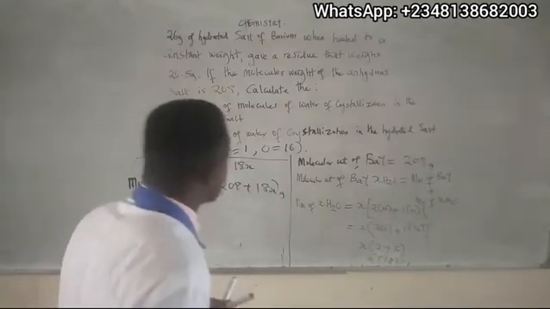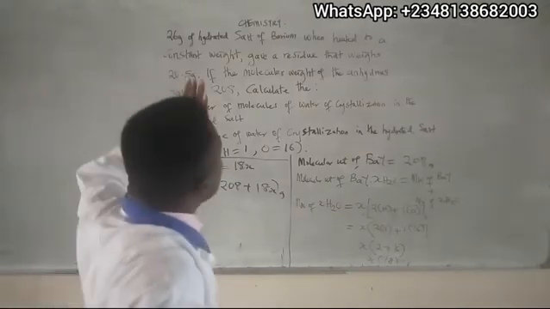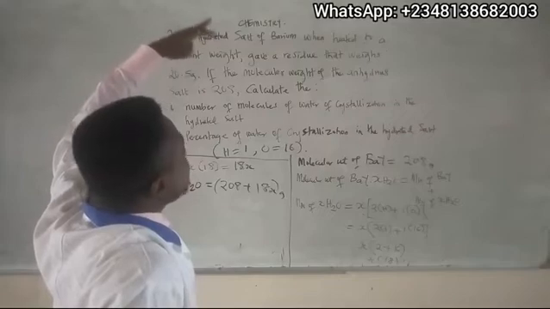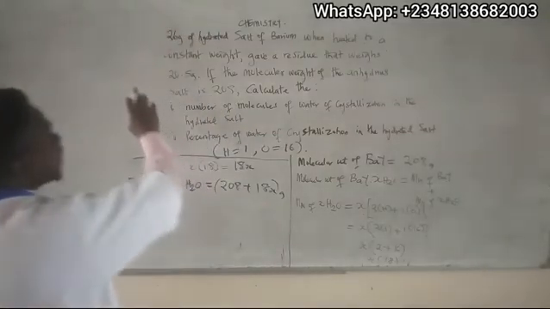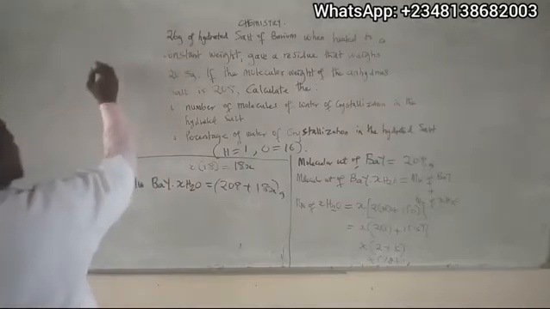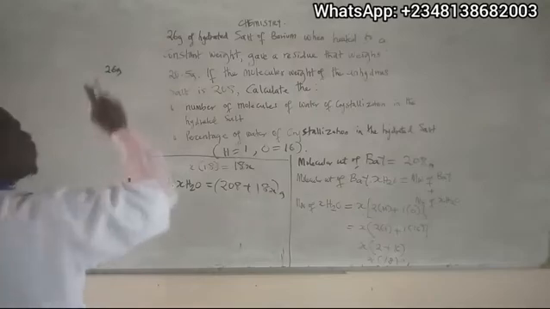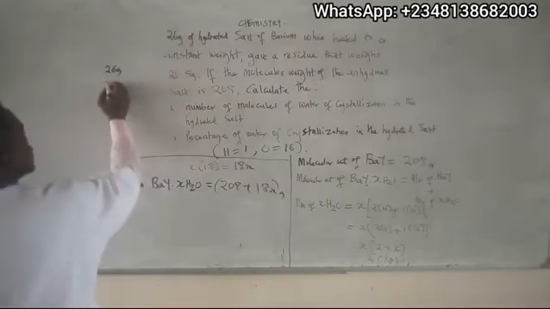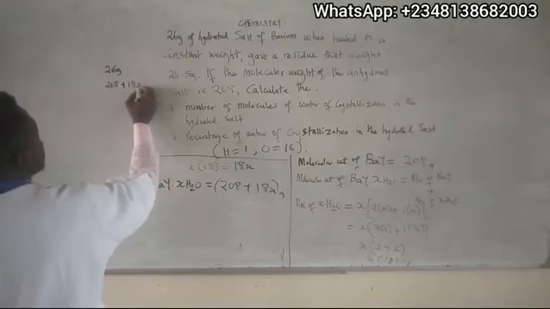Now with this, let's go. We have established four things. We have established the weight of the hydrated salt to be 26 grams. The molecular weight of the hydrated salt is 208 plus 18x, all in grams. The weight of the anhydrous salt is 20.5 grams.